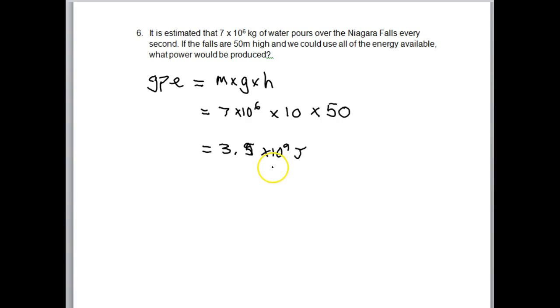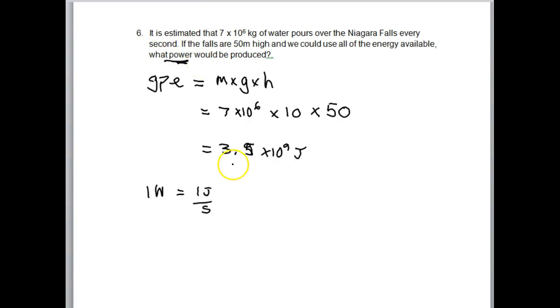Now, the thing we always need to do is check the end of the question. Here it asks what power would be produced. If you remember, power is measured in watts, and 1 watt is 1 joule per second. Here we've got the total amount of energy, and if you go back to the question, it says this amount of water falls every second.